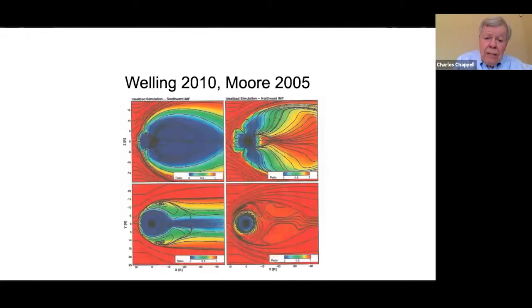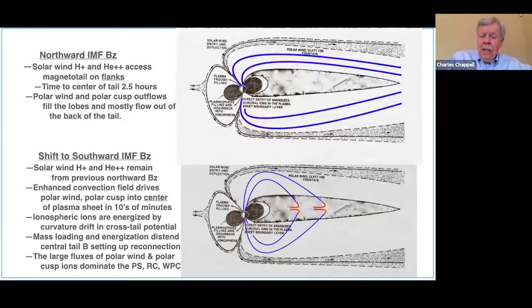Good question, Pat. What we'd be talking about there is that the loading of the tail sets up the opportunities for reconnection. There's just more energetic plasma in the center part of the plasma sheet, and it's distending the magnetic fields. But in terms of when reconnection happens, what this scenario shows is how the plasma sheet gets loaded up and gets ready for reconnection.